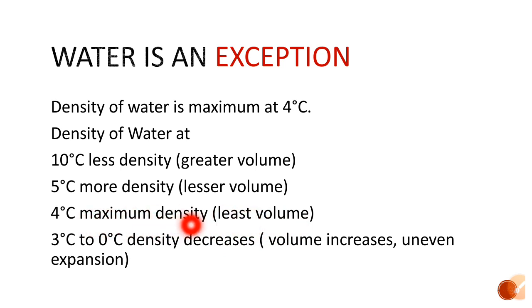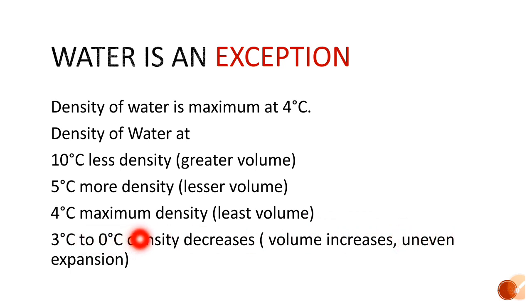Now if we further decrease the temperature, you would expect contraction, but this is an exceptional case. So from 3 degrees downward the density again decreases with the increase in volume, that means there is an uneven expansion, an unexpected expansion, when the temperature decreases.